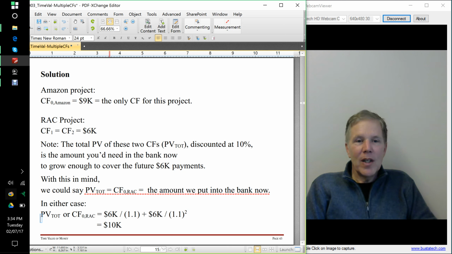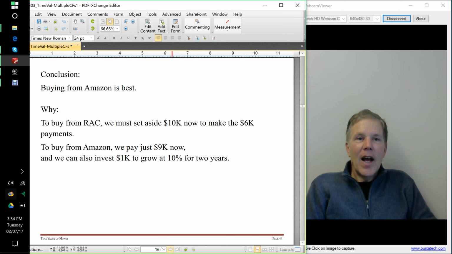Well, it's simply equal to the one payment we've got to make discounted back by 10% by 1 year, plus the second payment we've got to make discounted back by 2 years. I'll leave it to you to work that out. If you work that out, you get 10,000. So what's our conclusion?